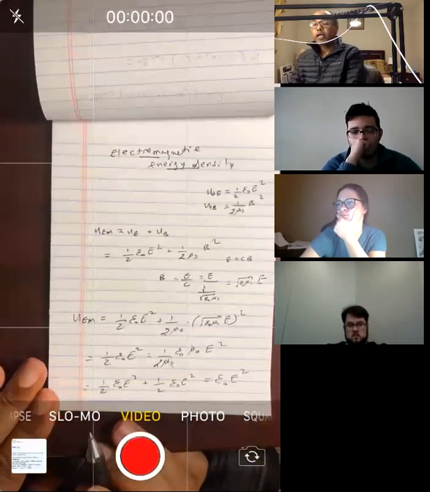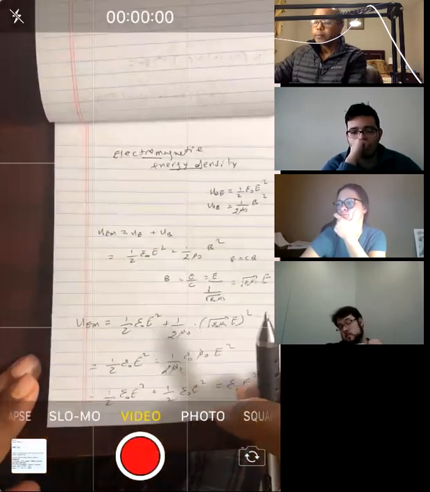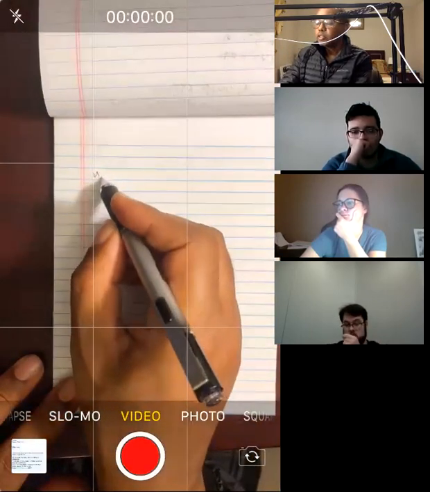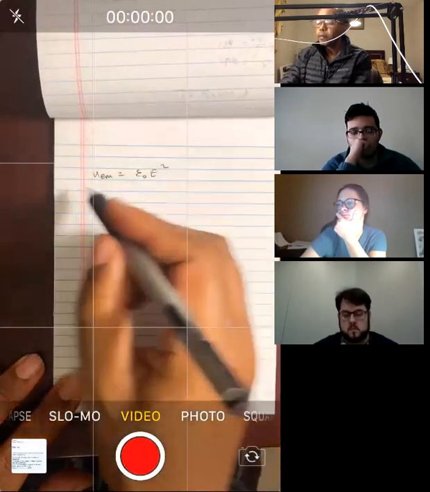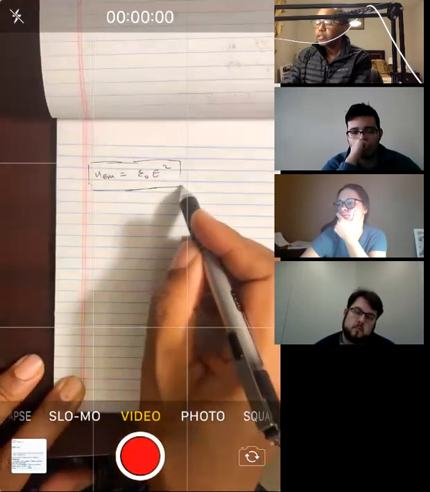So the formula for the electromagnetic energy density is simply epsilon times electric field squared, okay? This is the electromagnetic energy density.